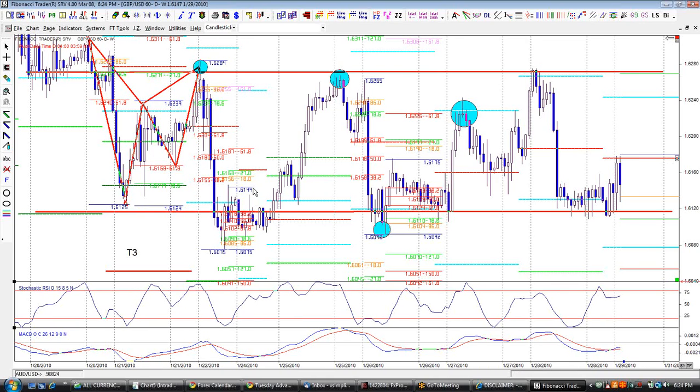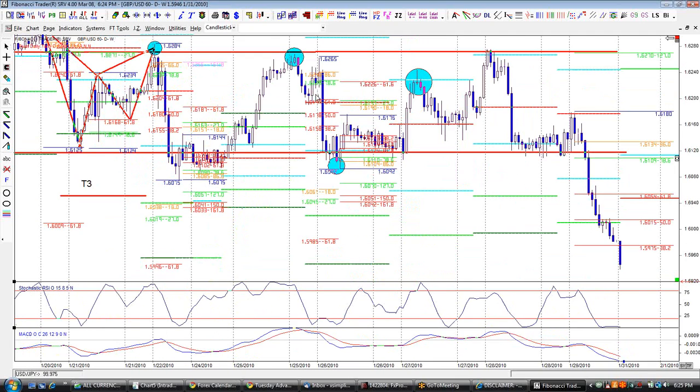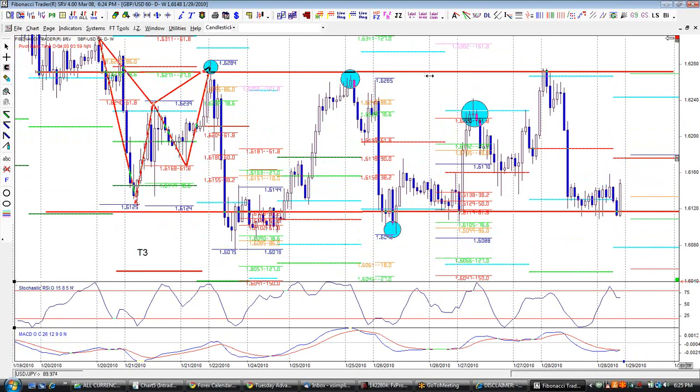Now, the next one, 886 and 1618. I'm moving. After we see this convergence, now we can start thinking, okay, the market might start consolidating here.